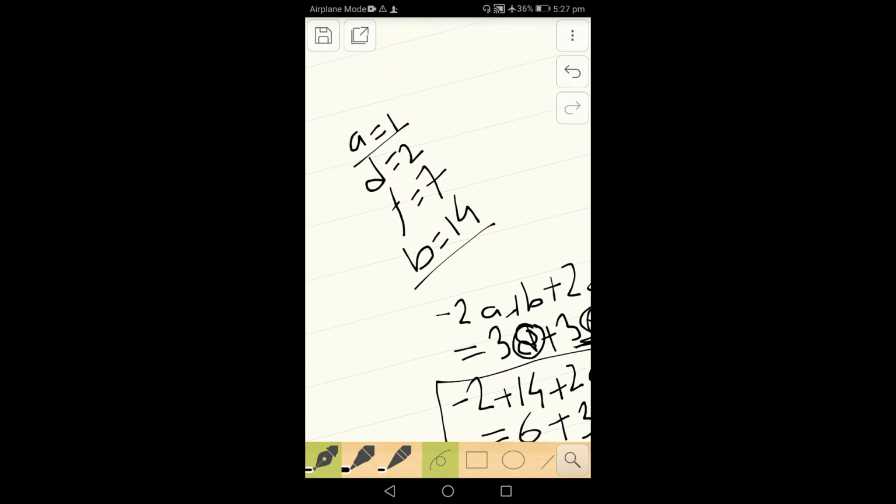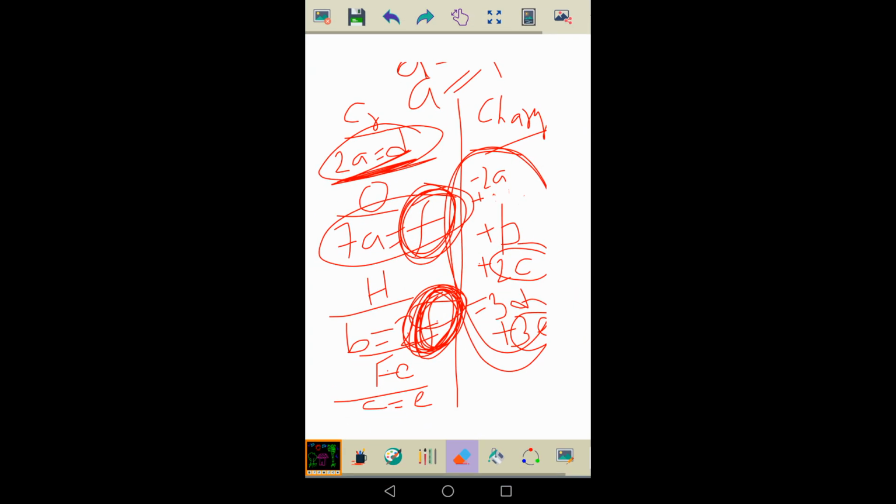So these are the values we are getting. C is equal to 6, and E is also equal to 6. Now let's put these values all together.